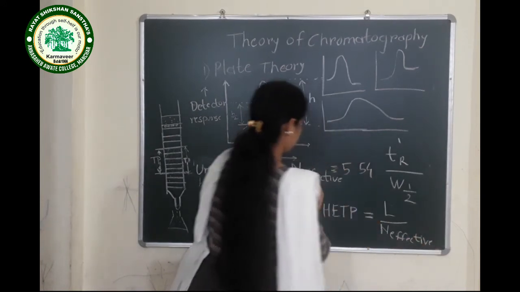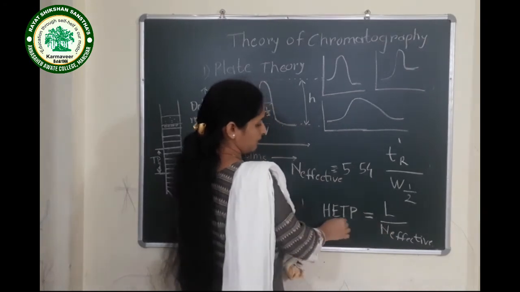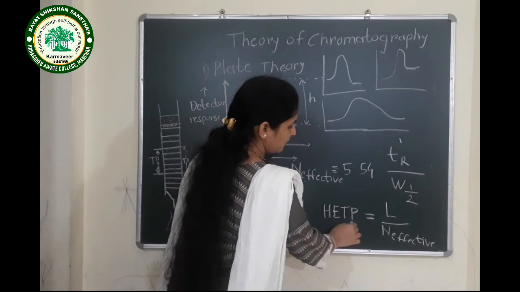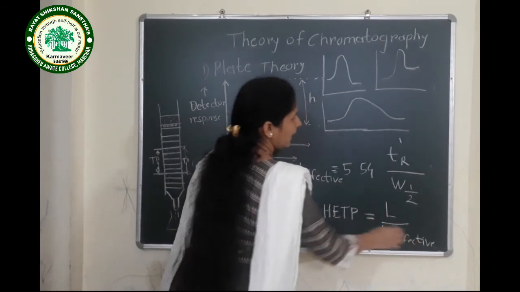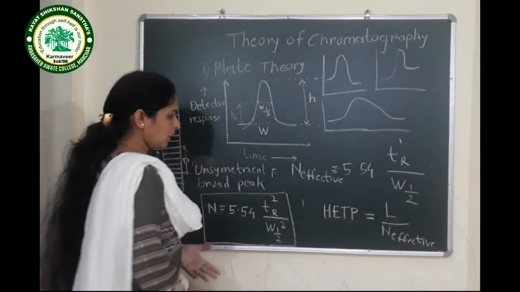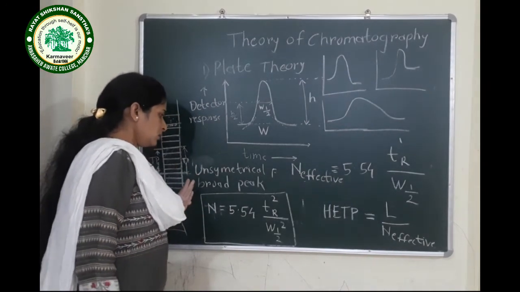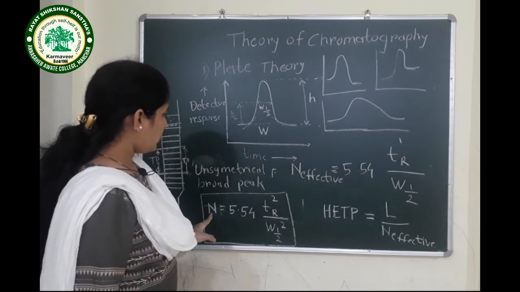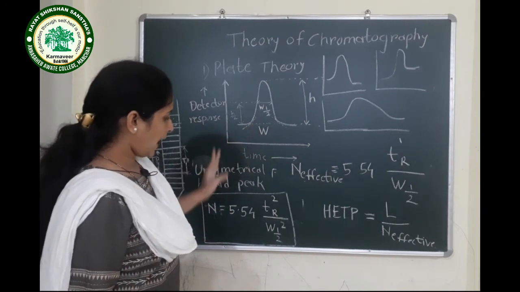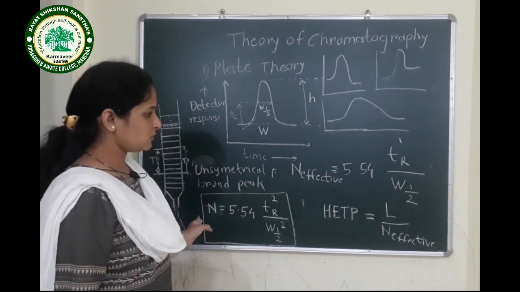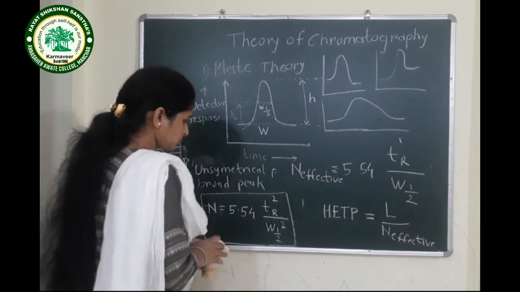We will put this value of N effective here. For the corrected retention time, HTP is given by L upon N effective. From this we can calculate the number of plates for the symmetrical peak as well as for the unsymmetrical and broad peaks from the plate theory.